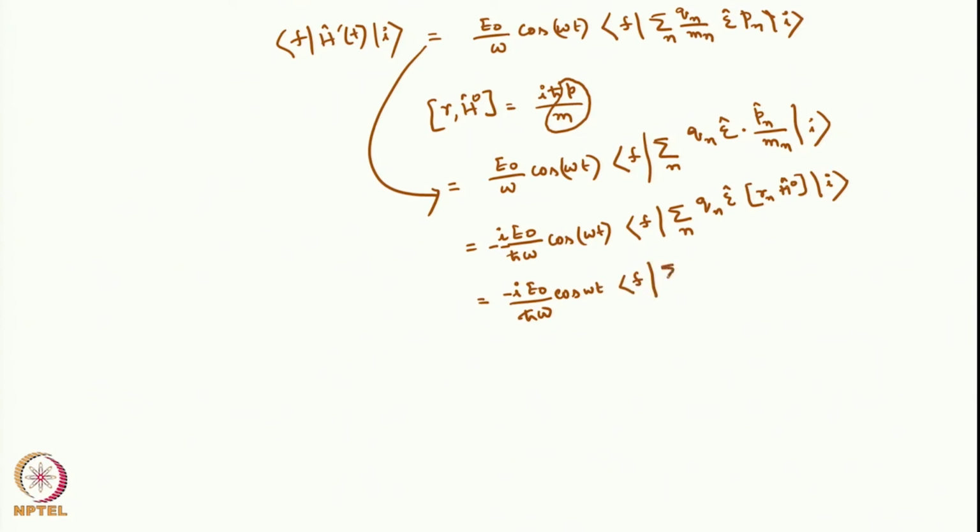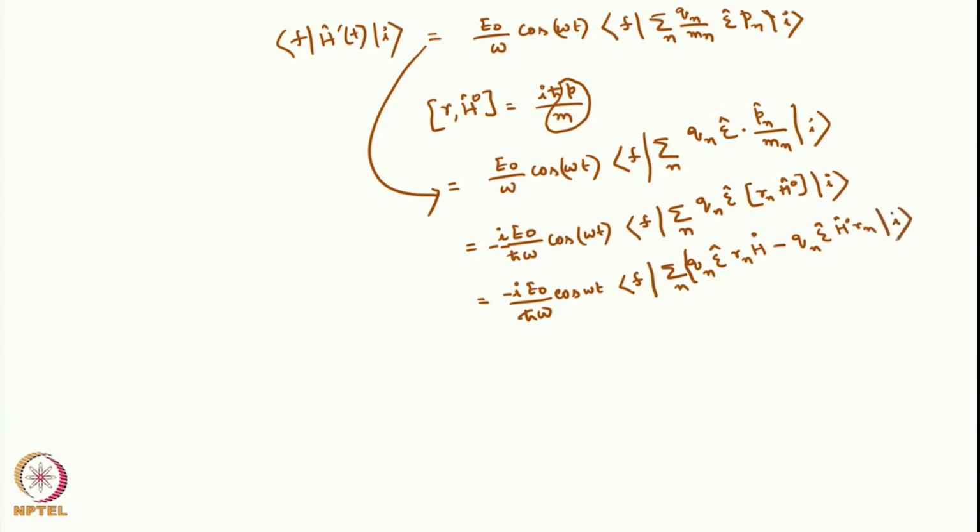So, this will be sigma over n, q n, r n h naught minus q n h naught r n.